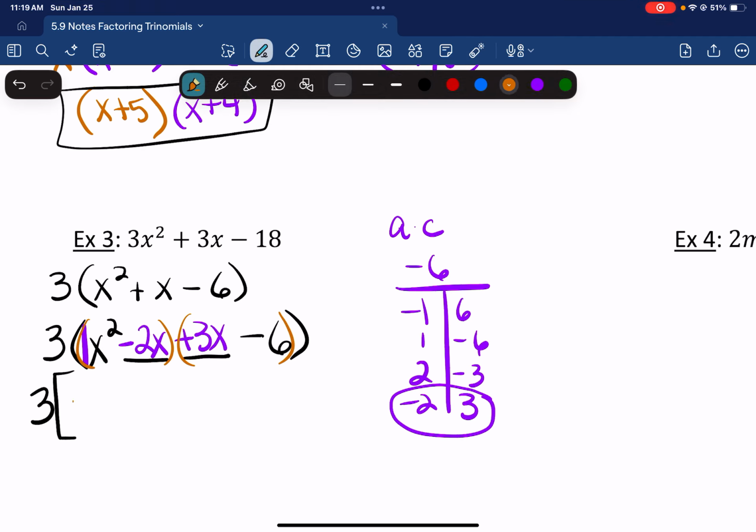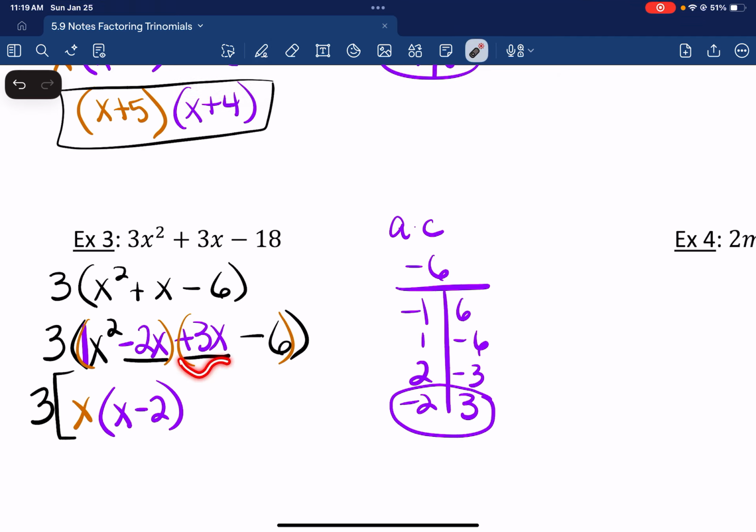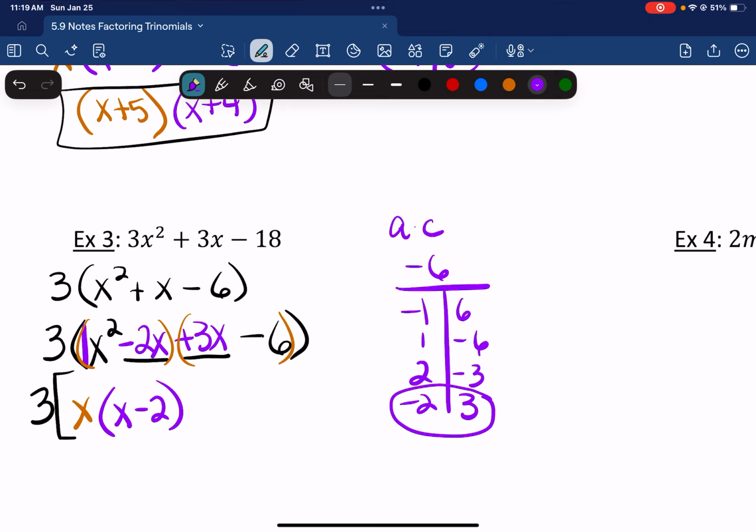So let's take that out. And then we are left with x minus 2. In our second binomial, the 3x minus 6, we can divide out a 3 from both of those, a positive 3. So let's take out that plus 3, and then we are left with x minus 2.